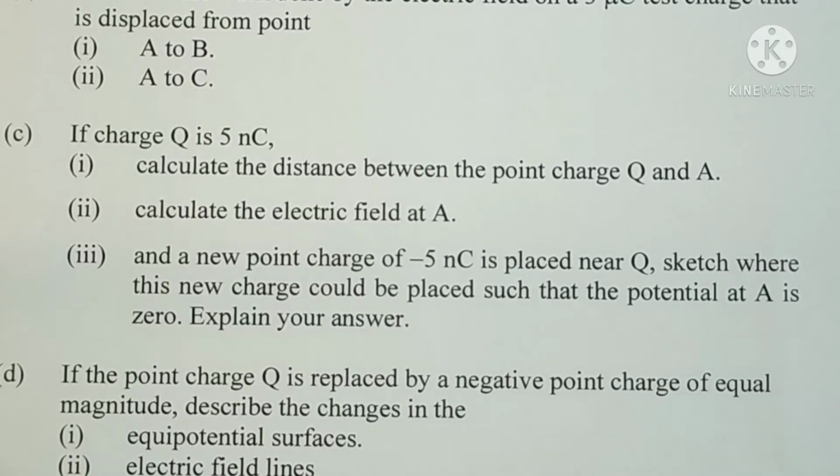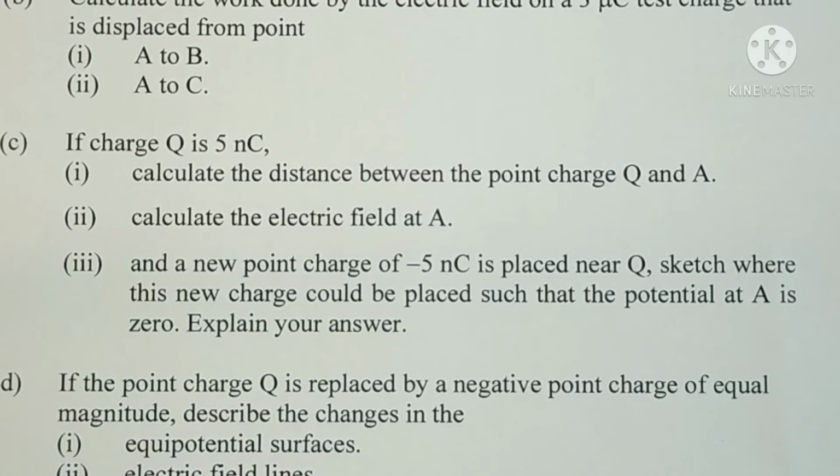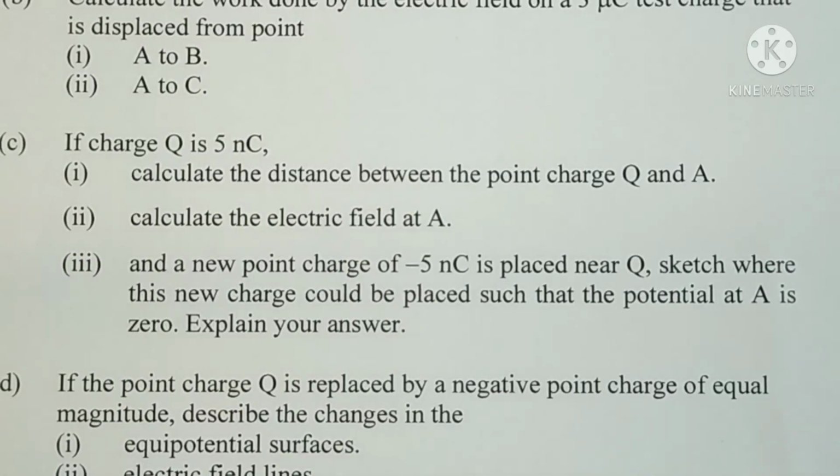For C Roman 3, if charge Q is 5 nanocoulomb and a new point charge of -5 nanocoulomb is placed near Q, sketch where this new charge could be placed such that the potential at A is 0. Explain your answer.